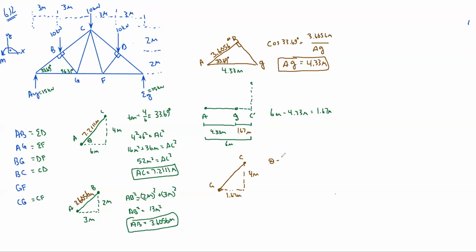So this angle is arctan of 4 over 1.67, giving us an angle measurement of 67.34 degrees.